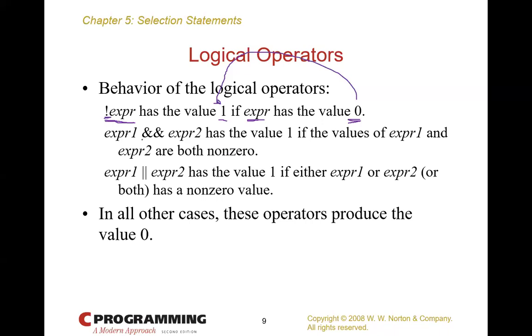Expression 1 and expression 2 have a value of 1 if the values of expression 1 and expression 2 are both non-zero. Expression 1 or expression 2 has a value of 1 if expression 1 or expression 2 or both has a non-zero value. In other cases, these operators produce the value 0.